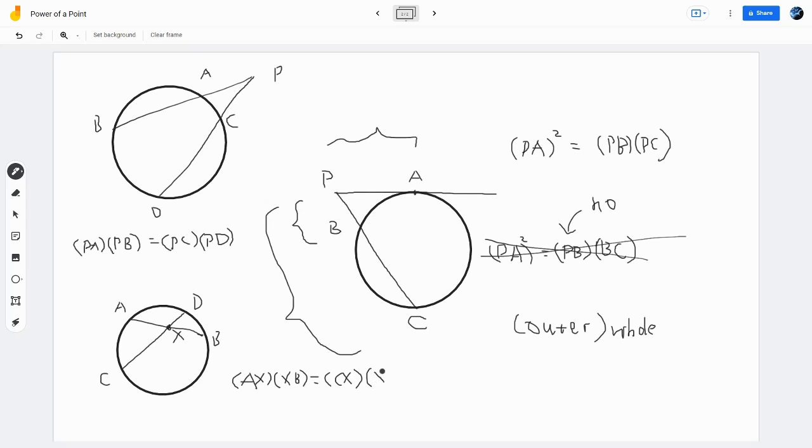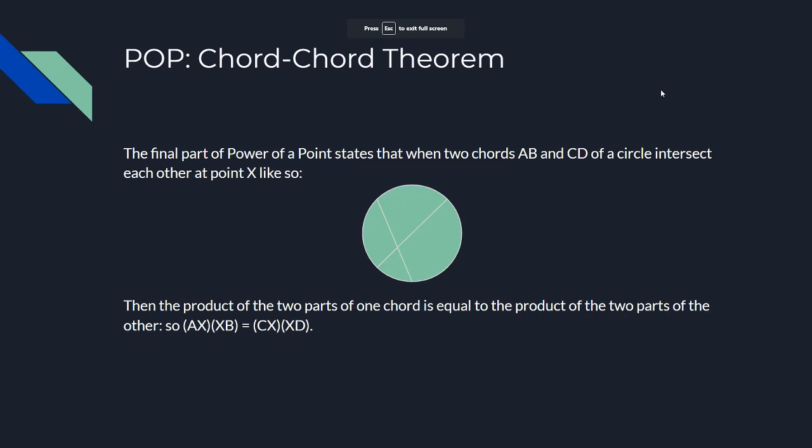So the product of the two parts of one chord, the part before and the part after the intersection, is equal to the product of the two parts of the other chord. And this works for any chords that intersect at that point. So those are our three power of a point theorems.